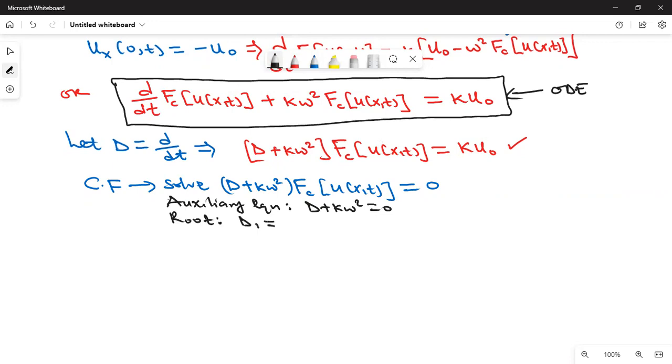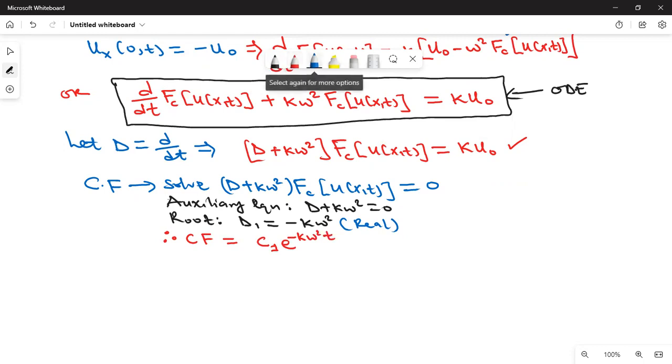Make D the subject: negative k omega squared, and this is a real root. This is real because k is a real number, omega is also a real number. So how do we write our solution? Therefore, the complementary function is equal to C1, an arbitrary constant, times exponential of negative k omega squared t, where C1 is an arbitrary constant.